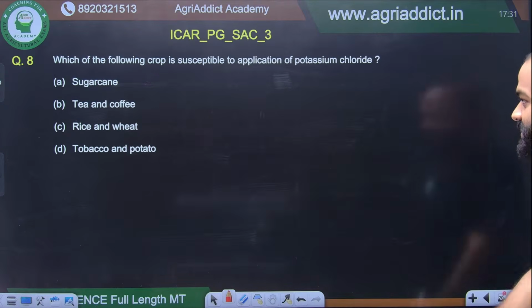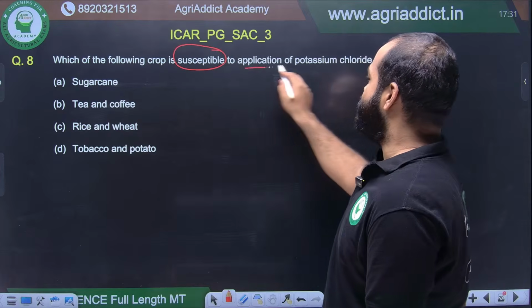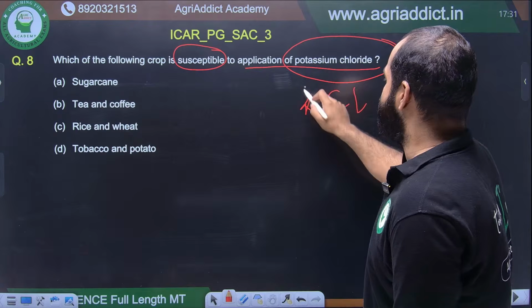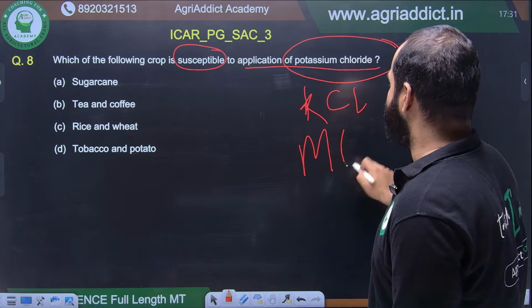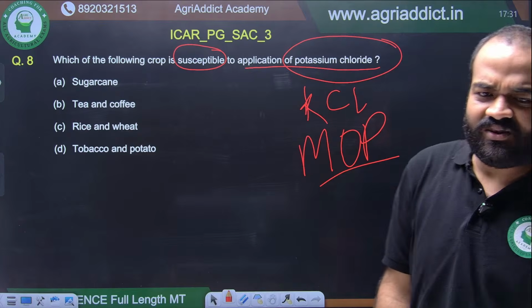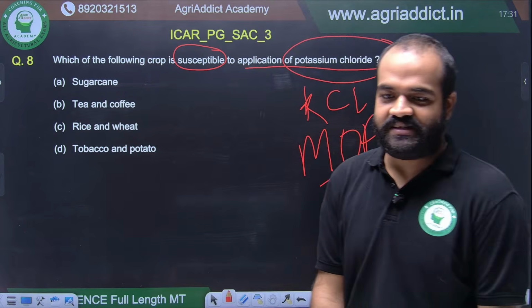Aise karte rehna. Which of the following crop is susceptible to application of potassium chloride? Yaani ki KCl, yaani ki MOP. MOP se kaun susceptible hai? These questions are only one second questions.